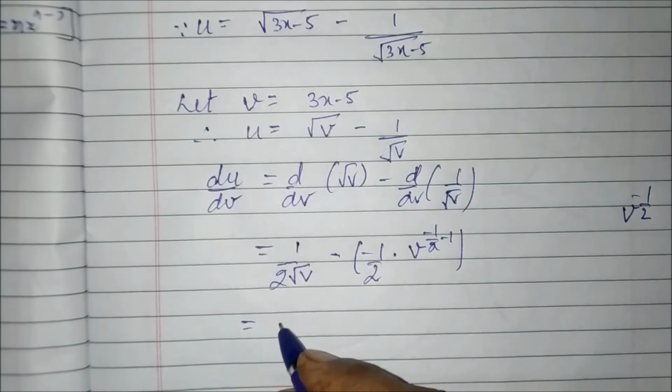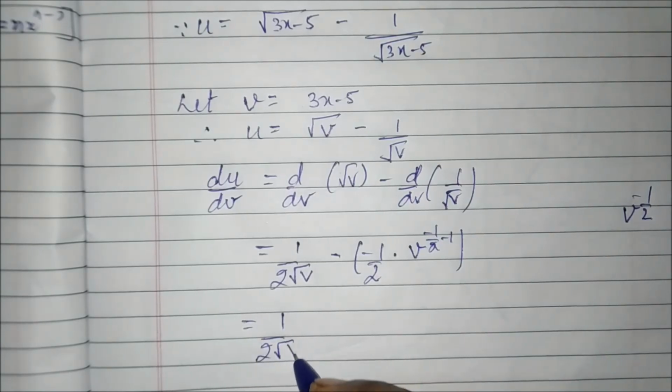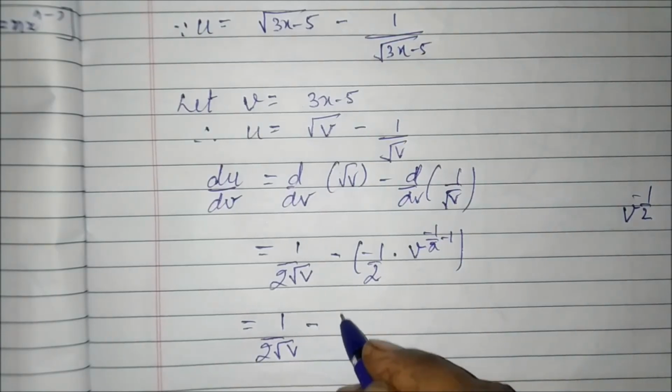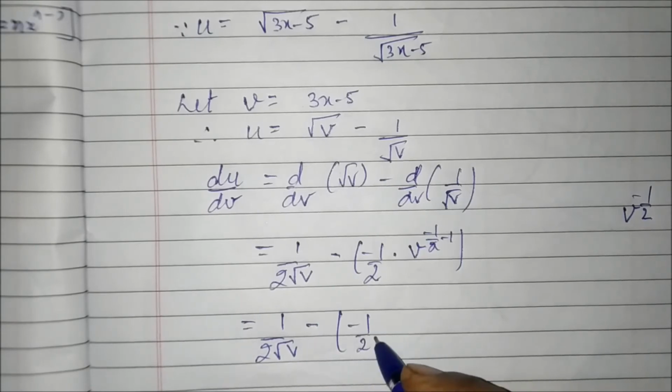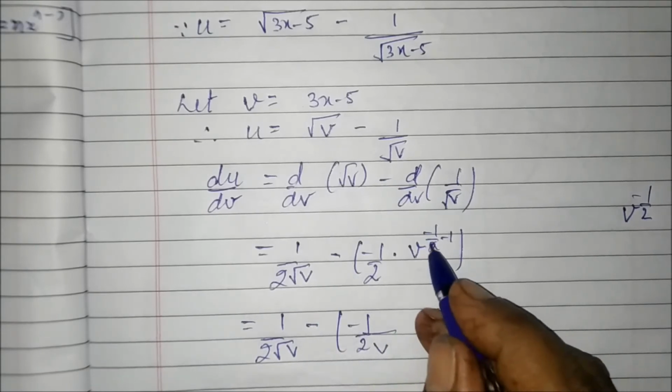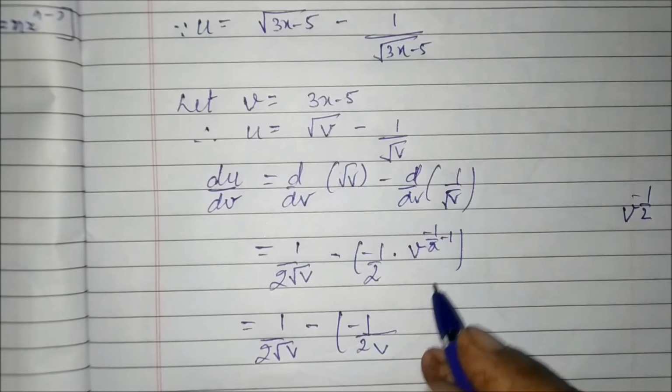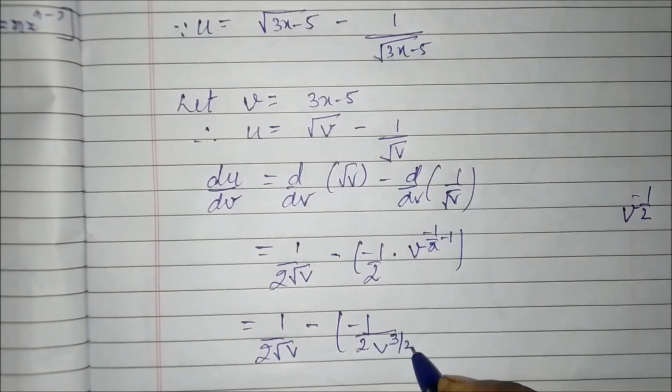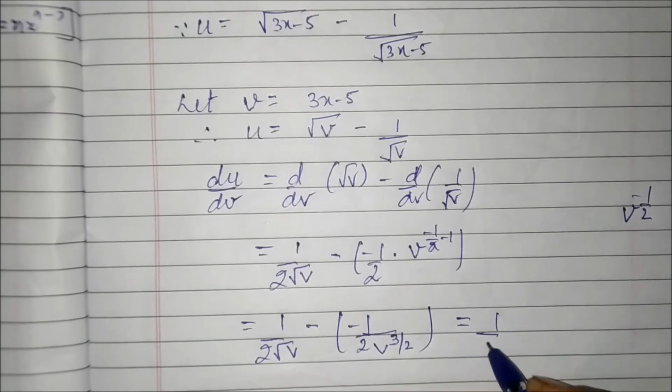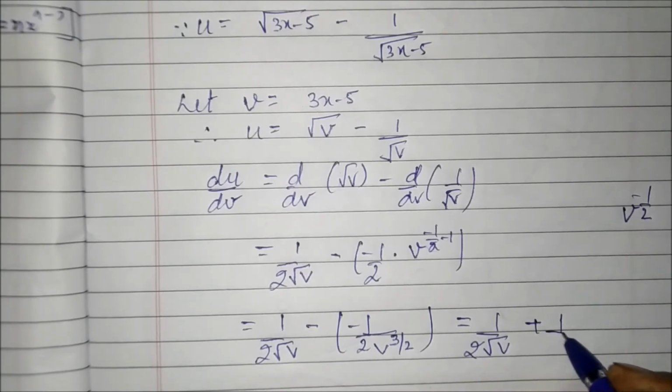So 1 upon 2 root v minus 1 by 2 v raised to minus 3 by 2, the signs will be added, so we get 1 upon 2 root v plus 1 upon 2 root of v cube.